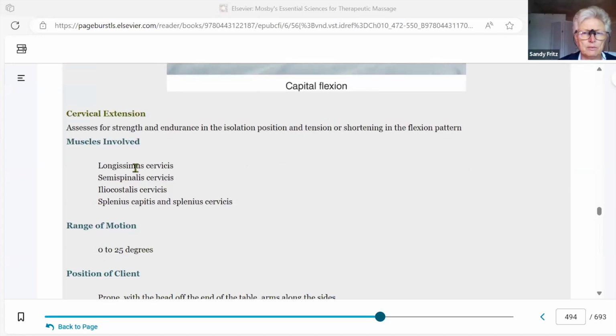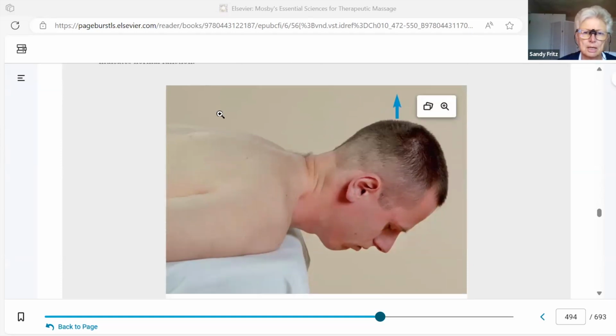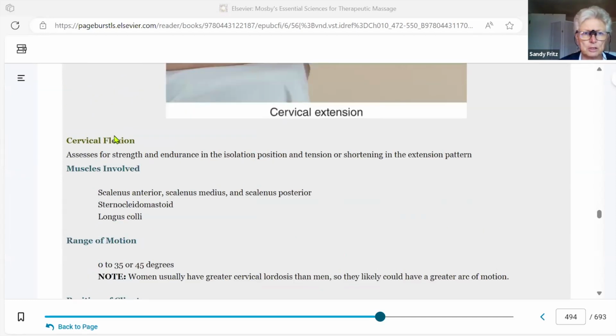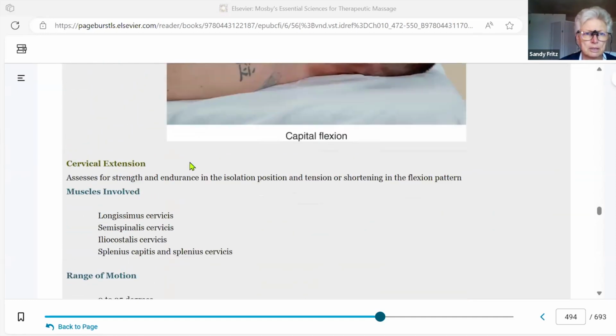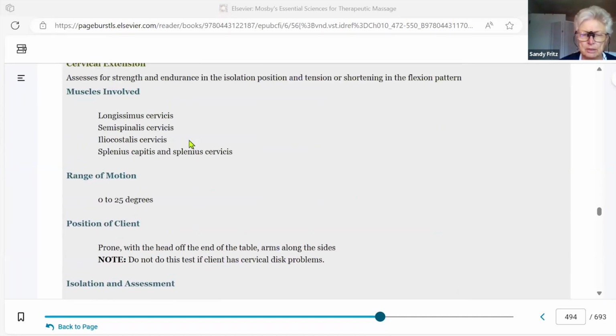Now we're going to bring in the whole cervical area. This is cervical extension. And then this is cervical flexion. And then the relationship of the muscles to each other is a functional muscle group. These have to work together.